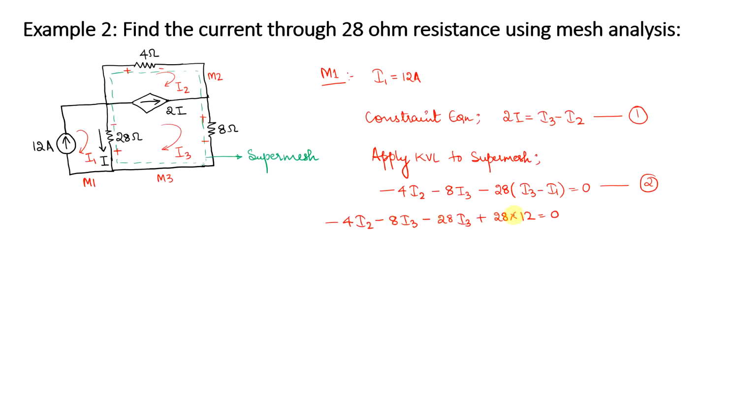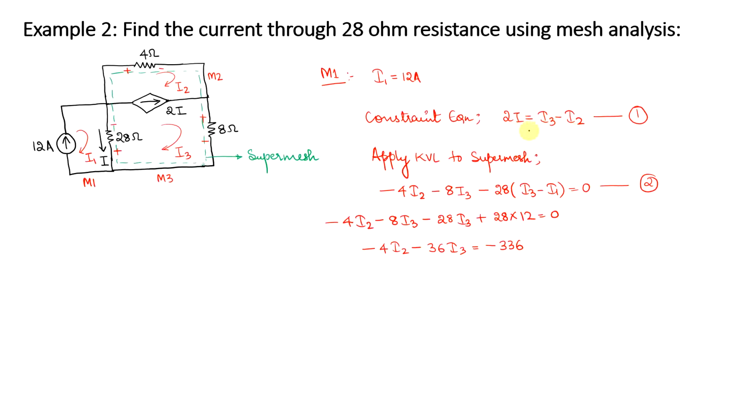So combine these terms, bring this constant term to the right hand side, and you have minus 4 I2 minus 36 I3 equal to minus 336. So this is your second linear equation, and the first linear equation is obtained by writing the constraint equation.